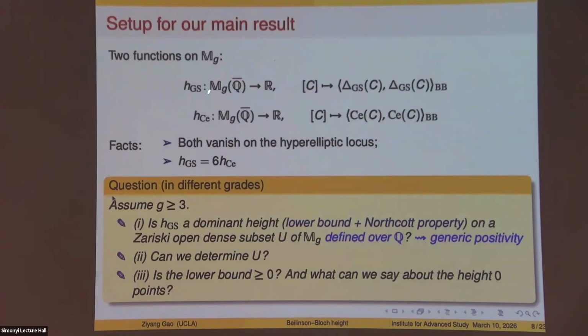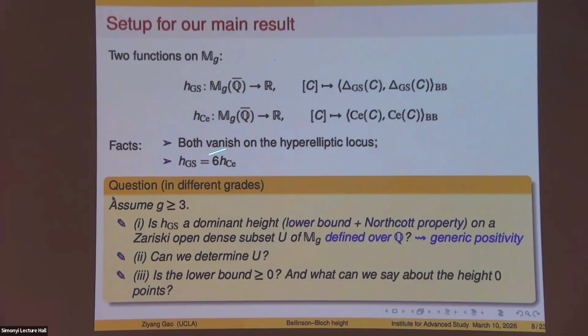Okay, now we can define these two functions. I call them the Gross-Schoen height function and the Ceresa function. It sends each curve to the Beilinson-Bloch height of the corresponding cycles. The first one is the Gross-Schoen cycle, and the second one is the Ceresa cycle. Okay, first, both of them vanish on the hyperelliptic locus, and secondly, this cycle is torsion in the Chow group if and only if this cycle is torsion in the Chow group.